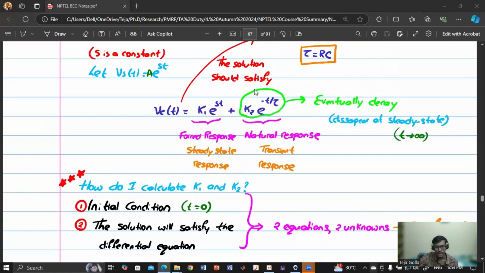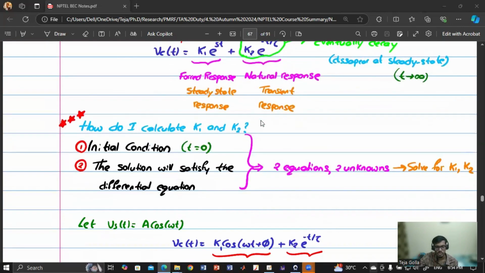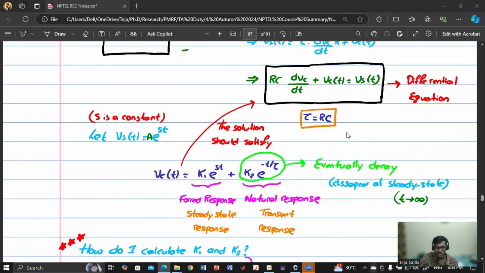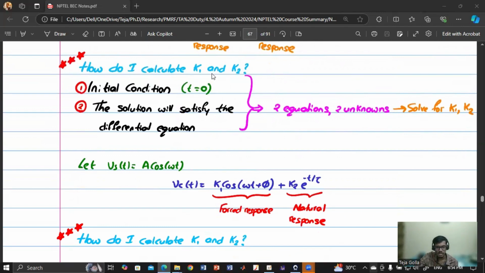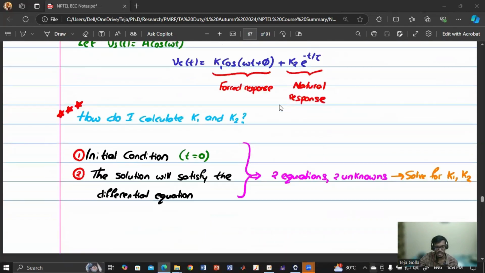Now for the natural response, how will you get this constant? You get it from the initial condition. And for the forced response, you substitute this equation in the differential equation, and then you will get k1 and k2. So natural response unknowns are obtained from the initial condition, and forced response unknowns are obtained by substituting in the differential equation.